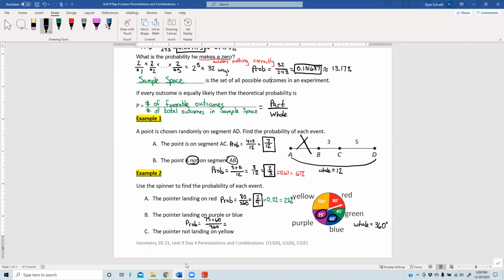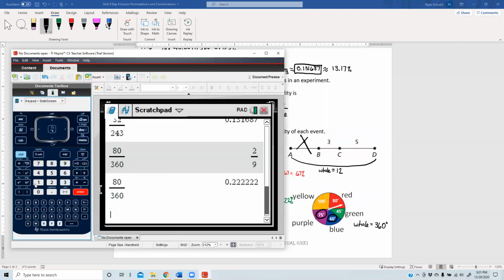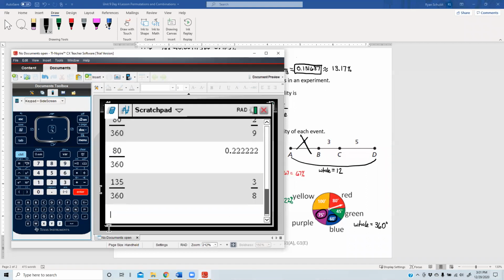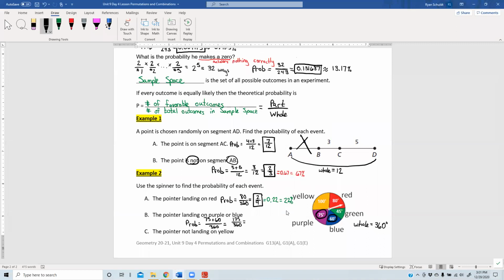Let's see, 75 plus 60 is 135 over 360, which reduces. 135 divided by 360. That reduces to 3/8. So 3/8. Now, again, as a decimal, this is 0.375, which is 37.5%, going all three ways.